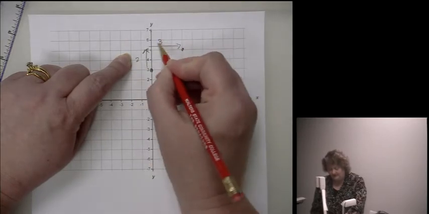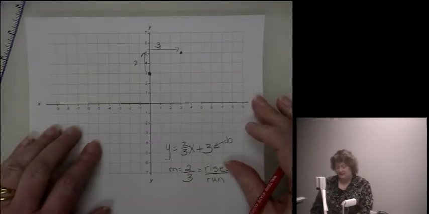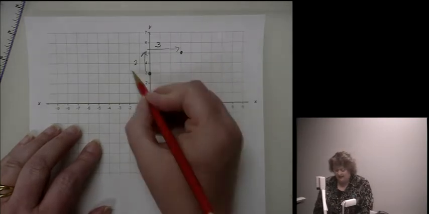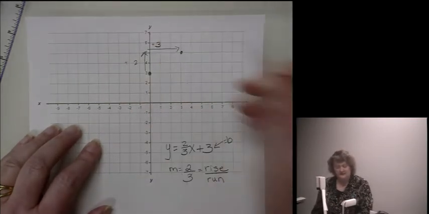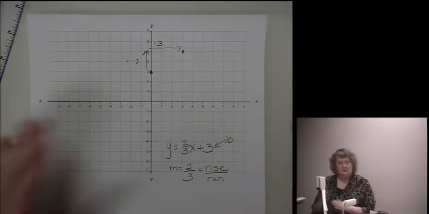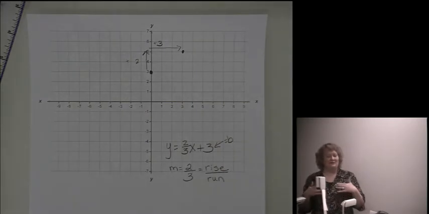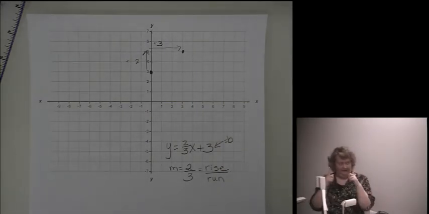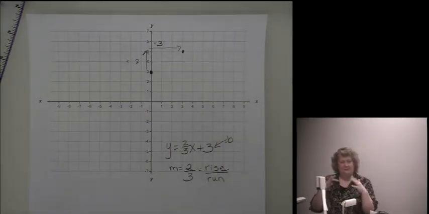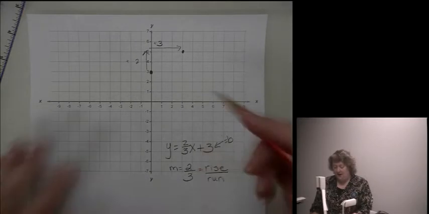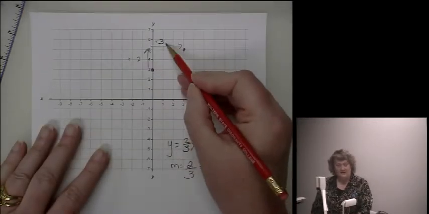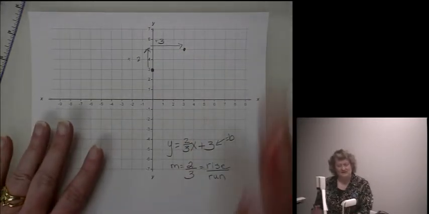Now, notice this time I wrote the numbers in so you could see that, up 2 over 3, because it was a little bit more complicated, but you're not going to write those in. That's what you're thinking. And because I can't be there with you to hold your hand as you're doing it, because of the limitations of a podcast, I'm going to actually write those. But you don't write those, you just think those.